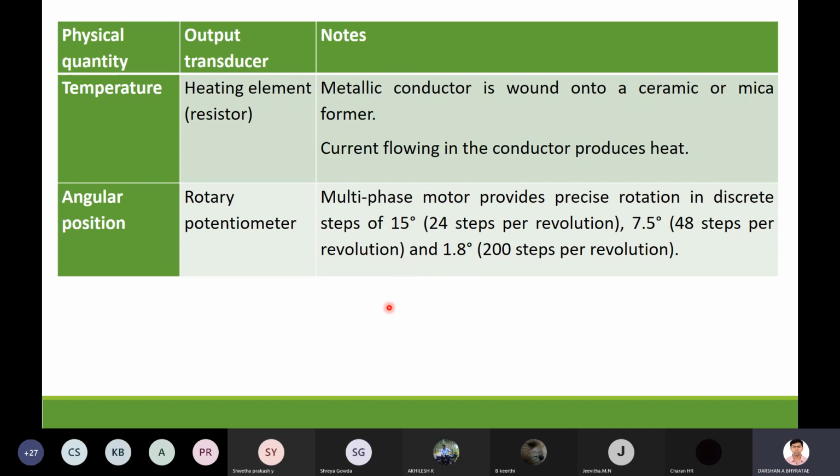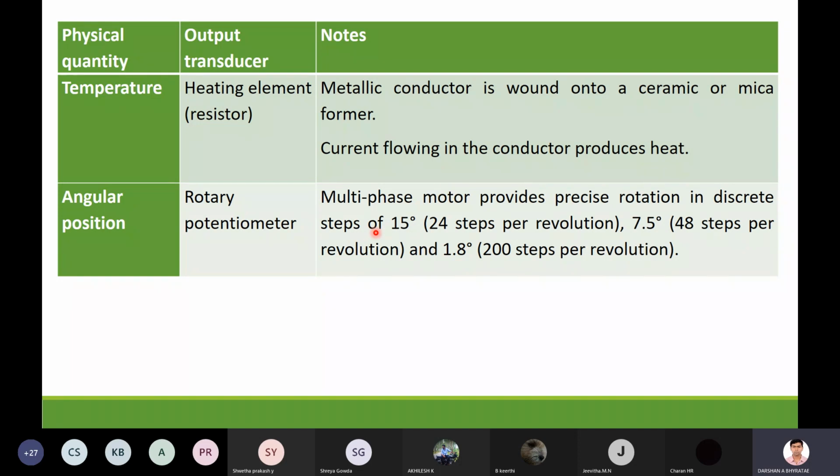So the example for angular position at the output transducer is also a potentiometer. The same potentiometer I am going to use to convert the electrical energy into a physical quantity, nothing but the speed of the fan, using the regulator.